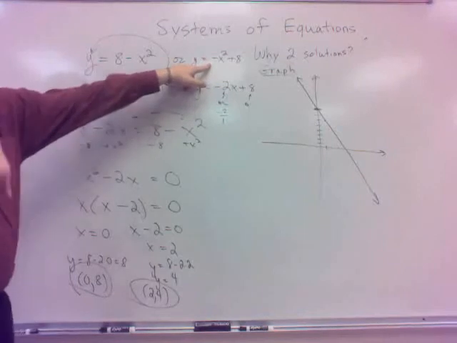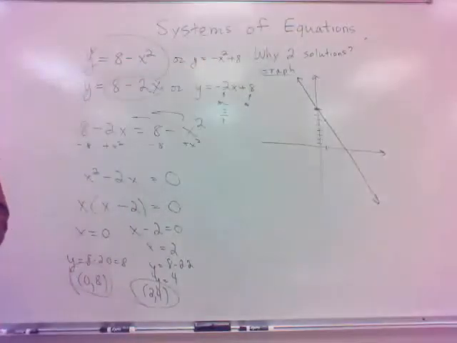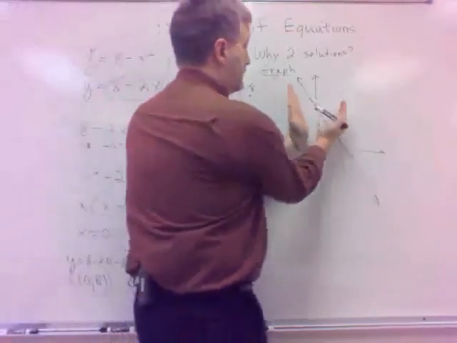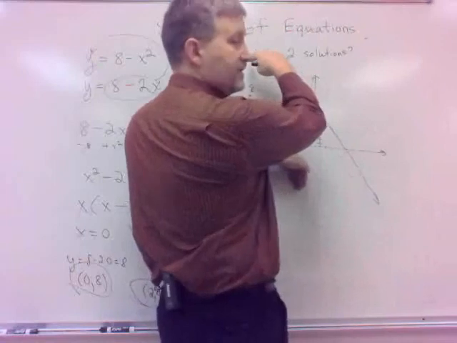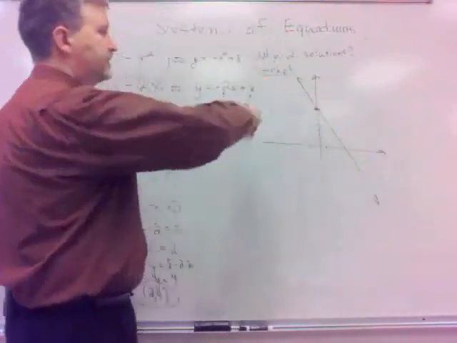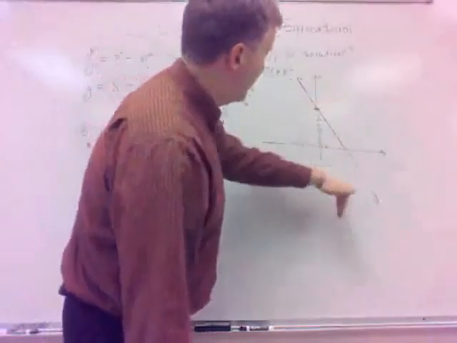Opens downward. The plus 8, this is just kind of a shifting sort of deal. Here's x squared, so I reflect it downward. And then plus 8 means move it up 8. So I've got a parabola basically looking like that.